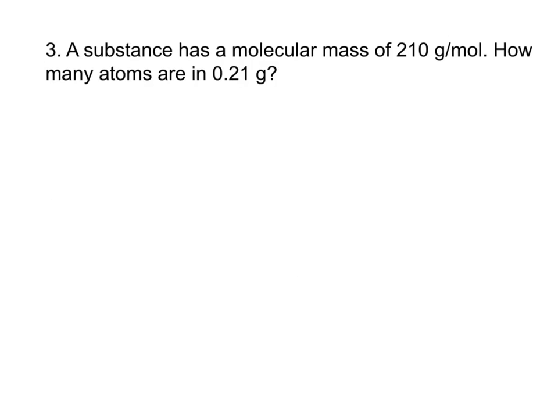Now in this question we are looking for the number of atoms, and we know from the Avogadro number that there are 6.022 times 10 to the 23 atoms per mole of a substance. So we are looking for atoms.